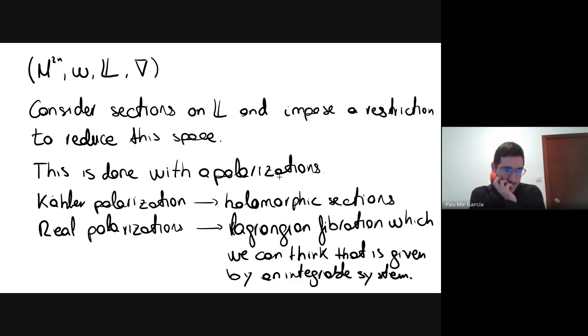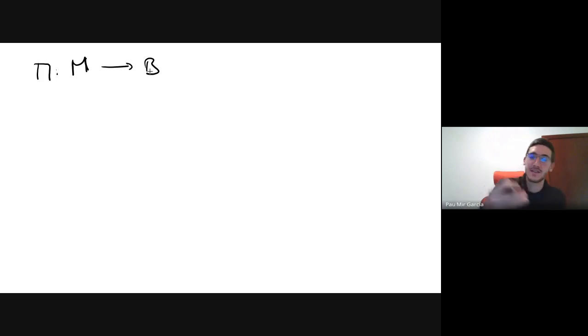So if you have a fibration, for instance, from a manifold to some space, you can consider the distribution associated to this fibration and the tangent space. So the polarization, in some sense, is a subset of the tangent space of M.